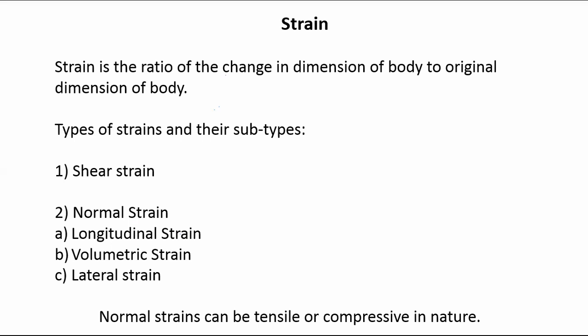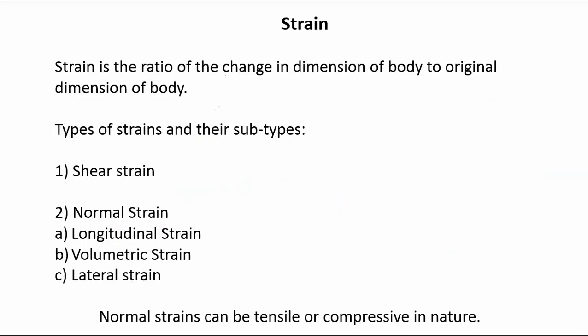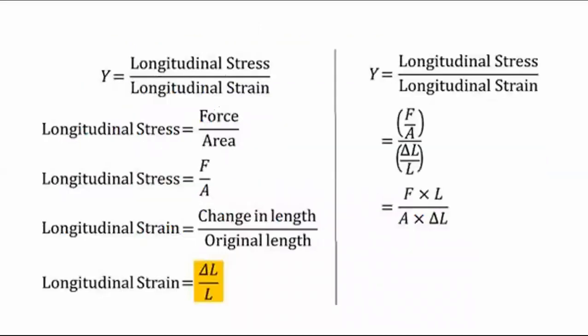When we apply forces, if delta L is the elongation after applying force F, then delta L divided by L will be equal to the strain, and that will be a longitudinal strain. In the next slide, here this is the longitudinal stress, force upon area, F by A. Okay.